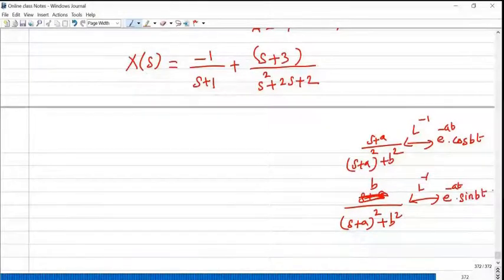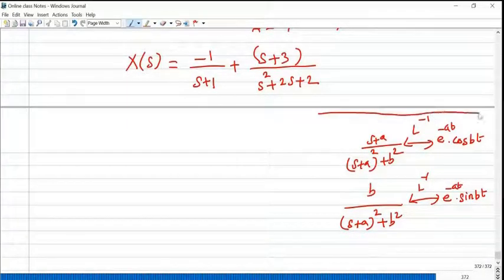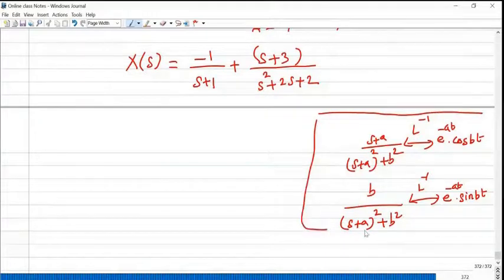Only these two formulas are available. So the second term we have to modify slightly to get one of these formulas. Otherwise, the inverse Laplace transform cannot be found.